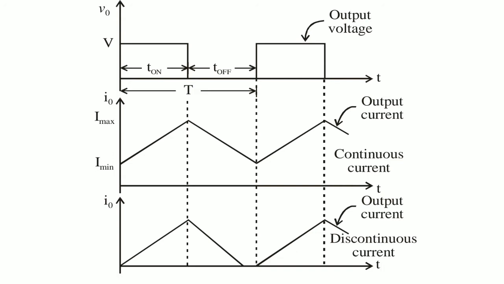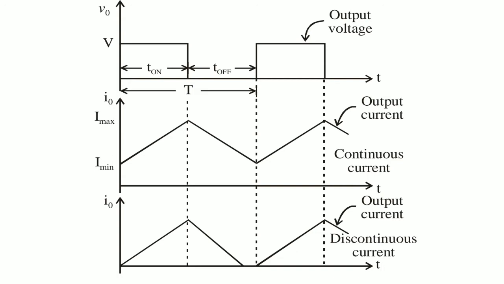So the third waveform shows the discontinuous type of output current. Again, the third waveform is showing the output current waveform. In this waveform, the current rises from point 0 when T on is provided, when the chopper is on, up to a certain maximum point.